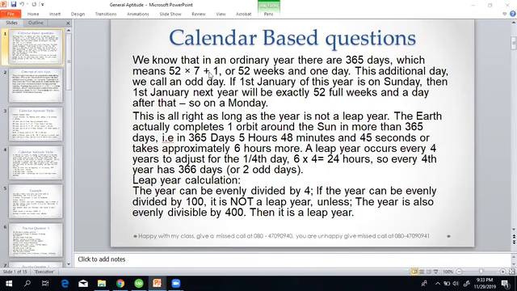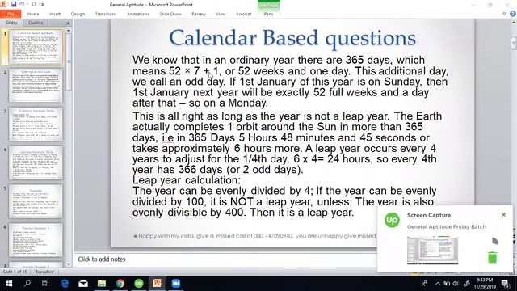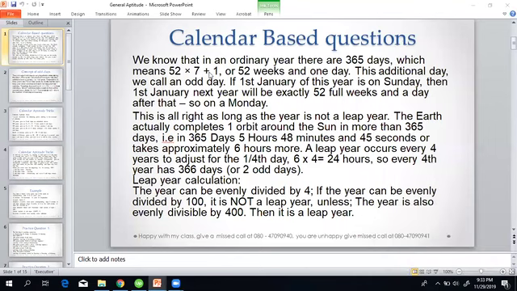Loganthan, are you talking about a paragraph as the question, like with English, if the paragraph is given in English and you have to find the answers?